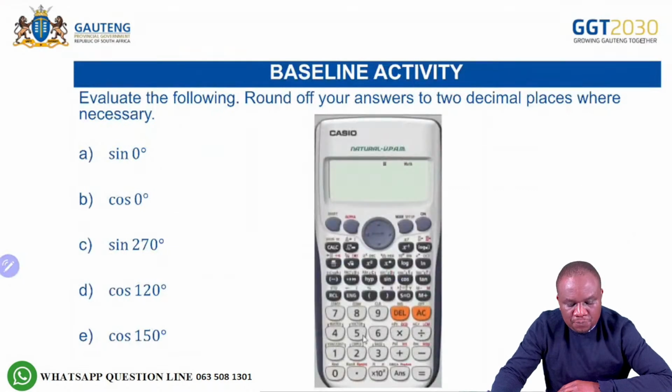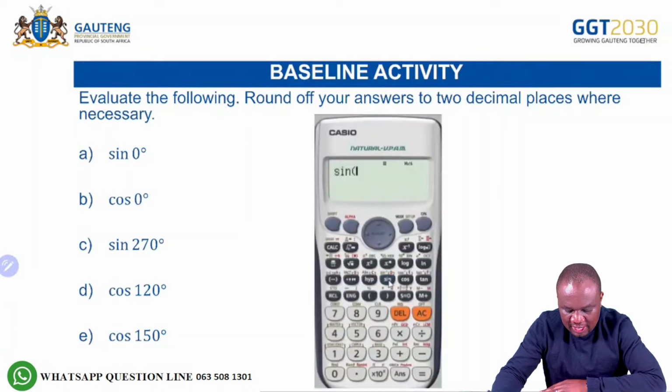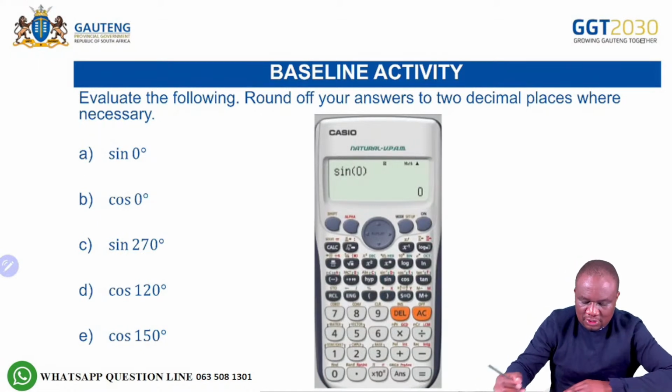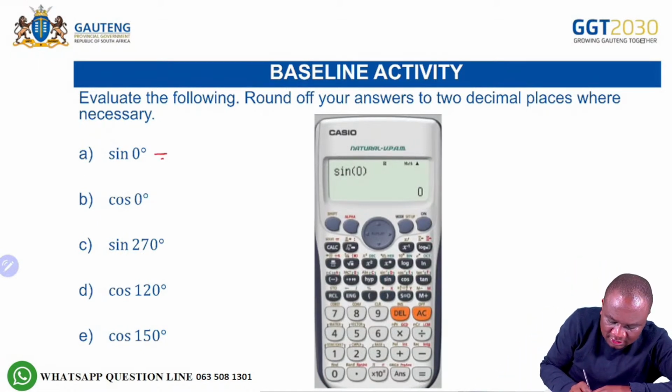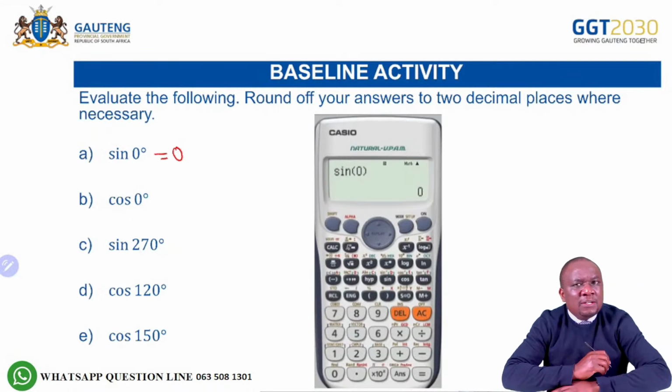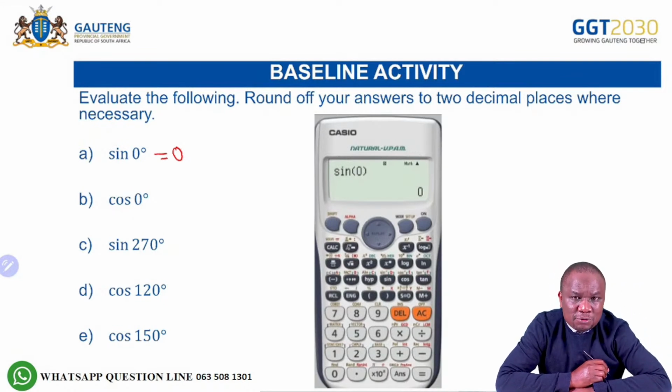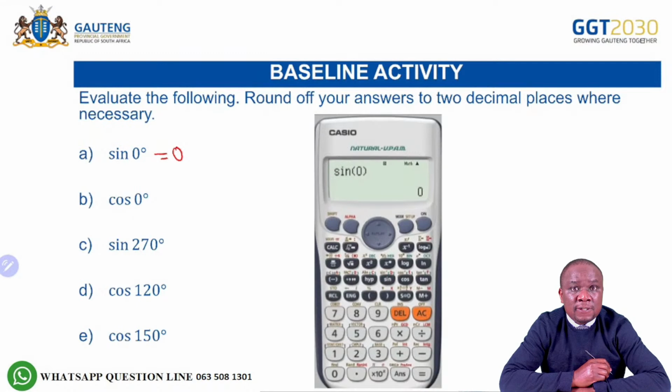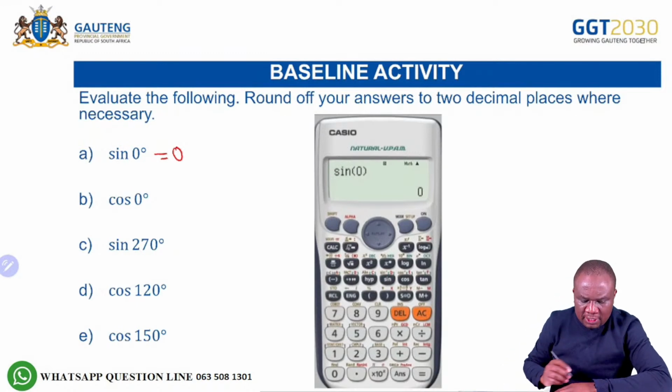On your calculator, press sine, then 0, then close brackets, and then equals. The answer is 0. Sine 0 degrees is equal to 0. Please don't forget that.